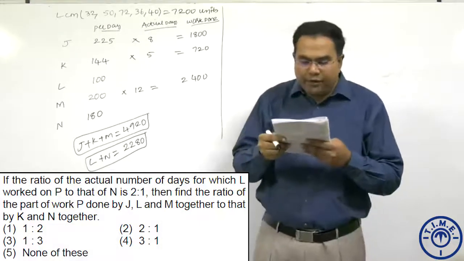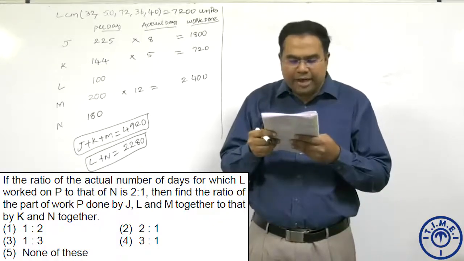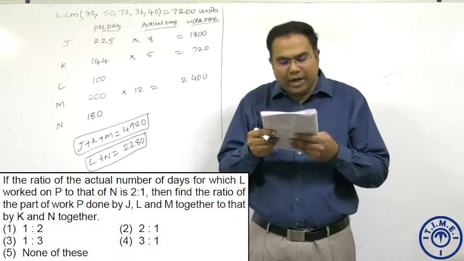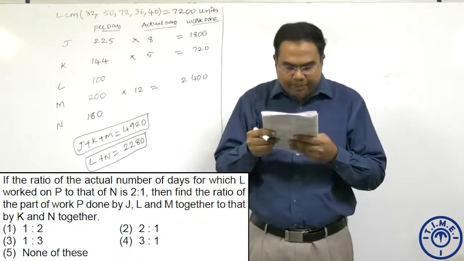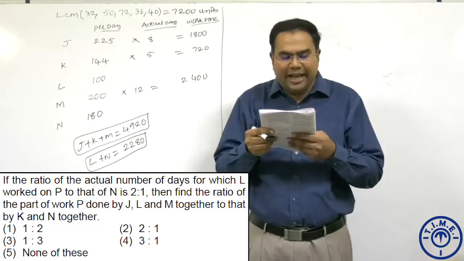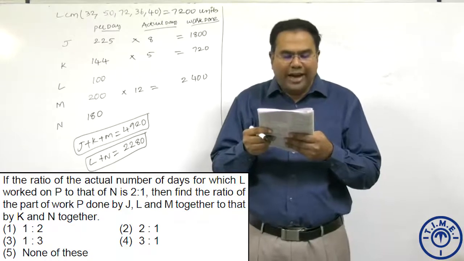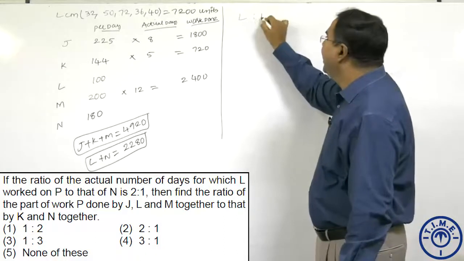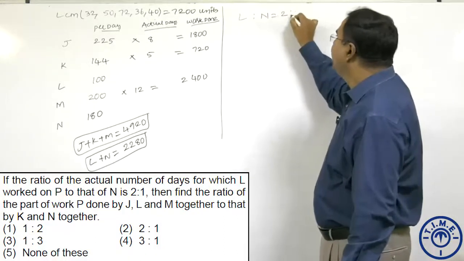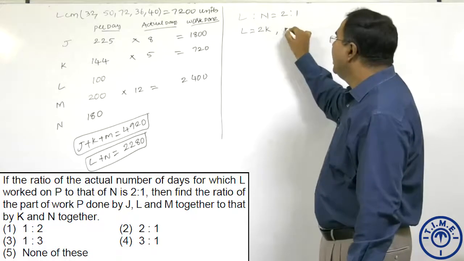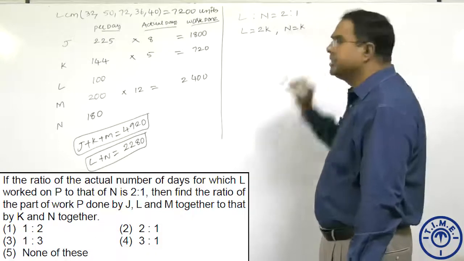If the ratio of actual number of days for which L worked on P to that of N is 2:1, then find the ratio of part of work P done by J, L, M together to that of K and N together. It is given that the number of days for which L and N work are in the ratio 2:1. That means, let us say L has worked for 2K days and N has worked for K days.